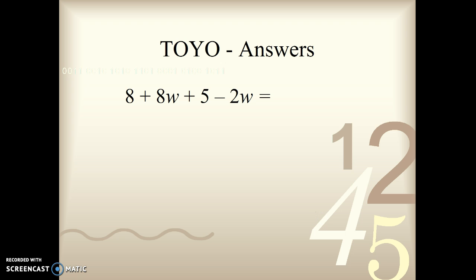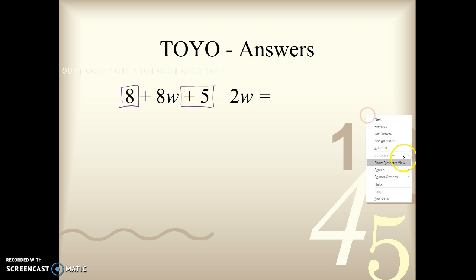And then let's go ahead and I'll just demonstrate these last two just to make sure you're on the right track. On this problem, we have 8 plus 8w plus 5 minus 2w. So just a reminder, you're going to box terms that are similar in the same color.